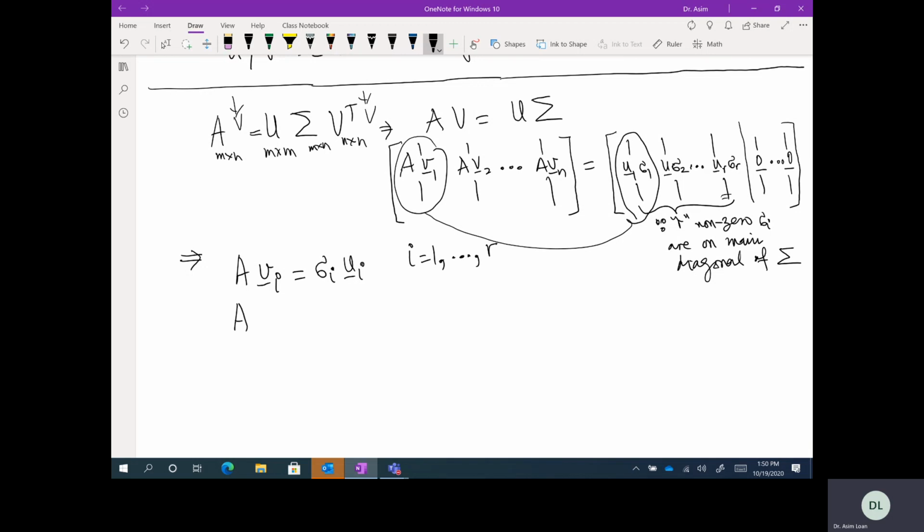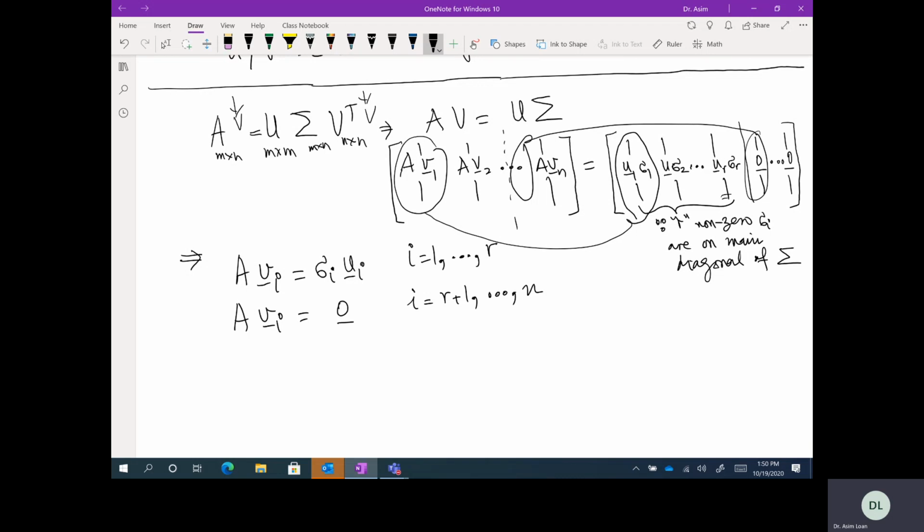And A Vi equals 0 after R, so this is equal to 0 for i equals R plus 1 to n.